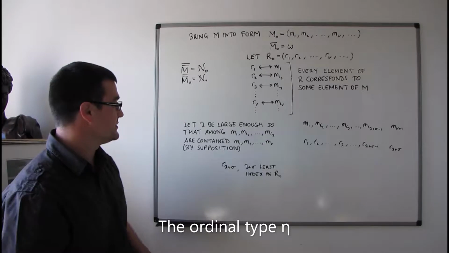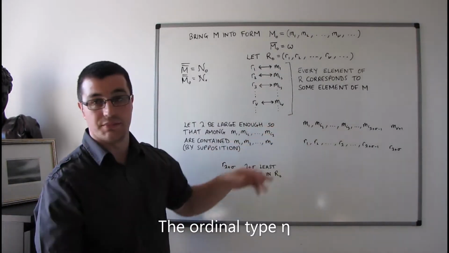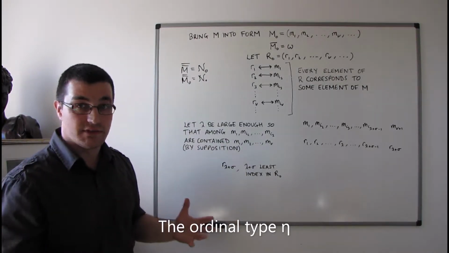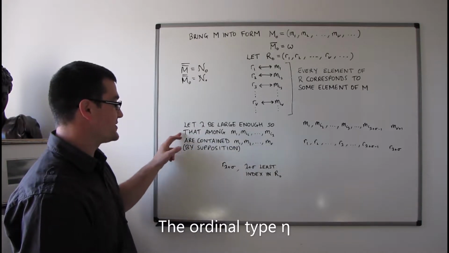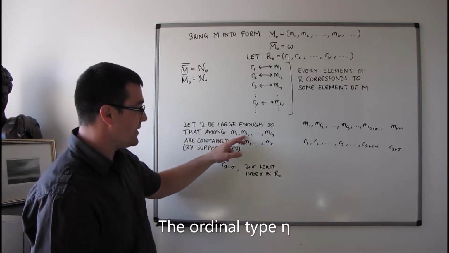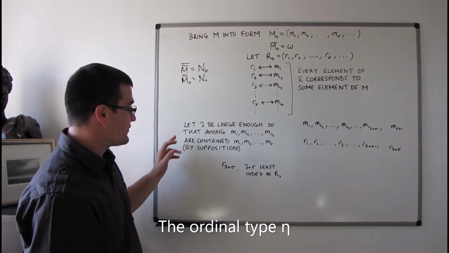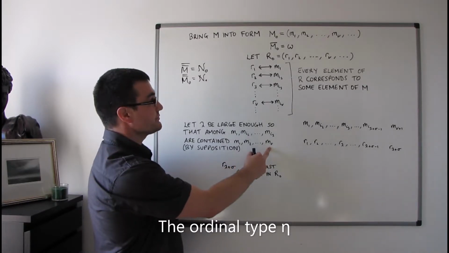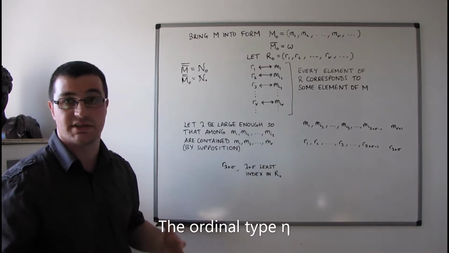Now our inductive assumption is that we can choose lambda to be large enough so that the numbers M1, M i2 to M i lambda contain the numbers M1, M2 to M nu. Okay, so that's our inductive assumption.